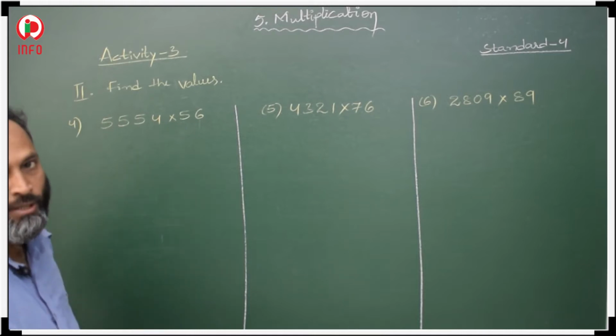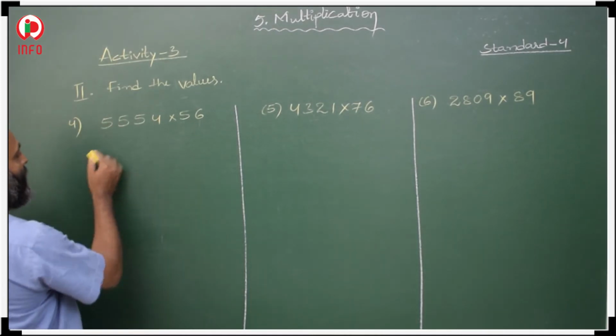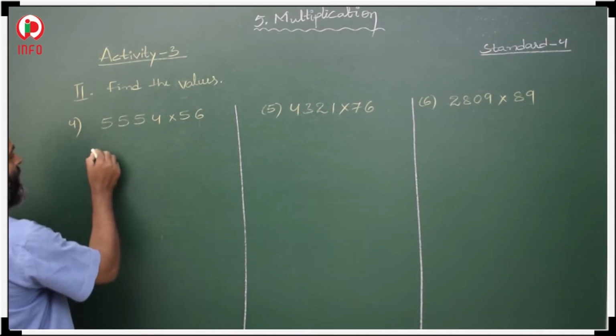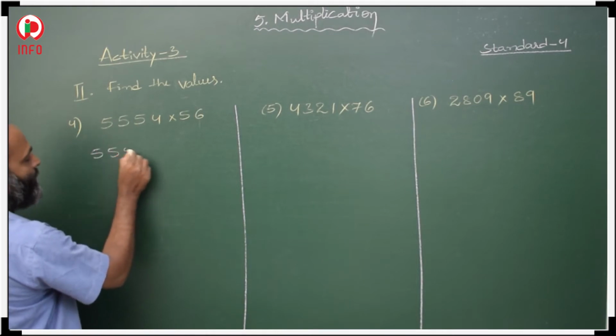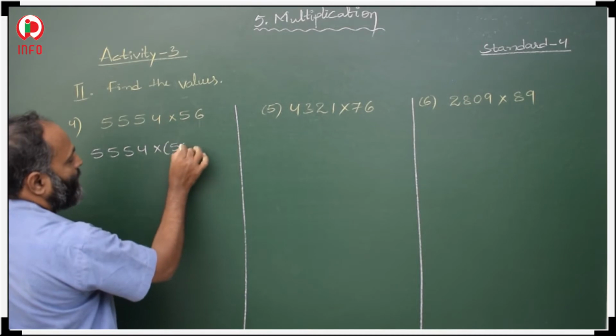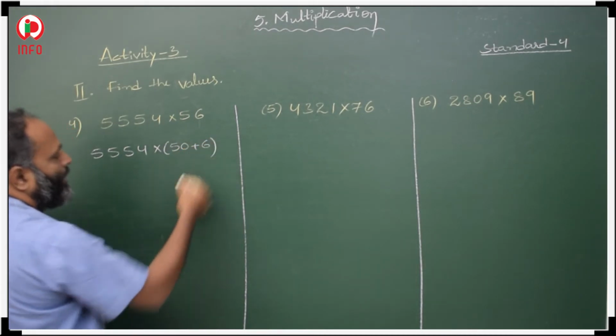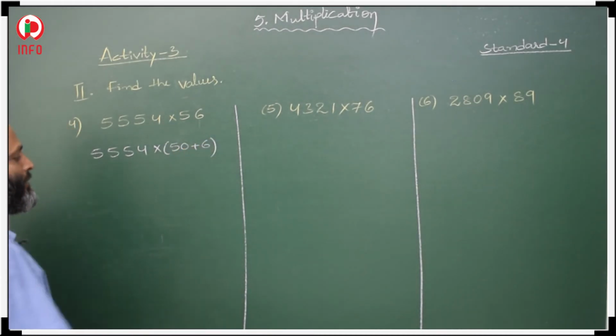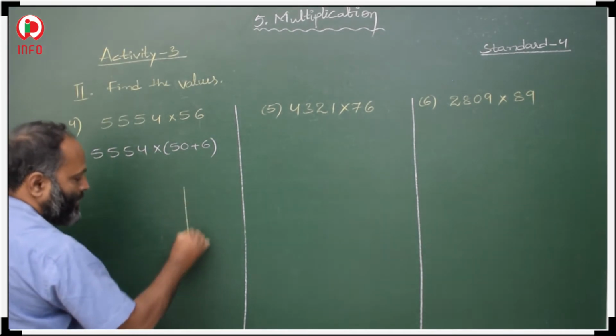5,554 with 56. 5,554 multiplied with 56, which means 50 plus 6. So, this is your rough column.